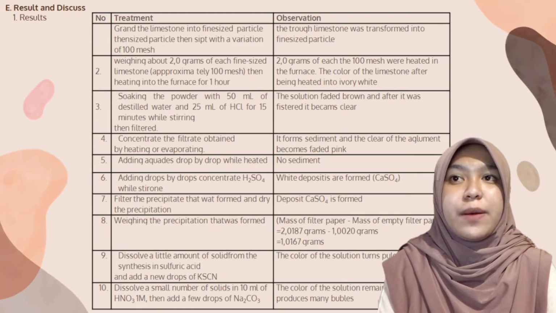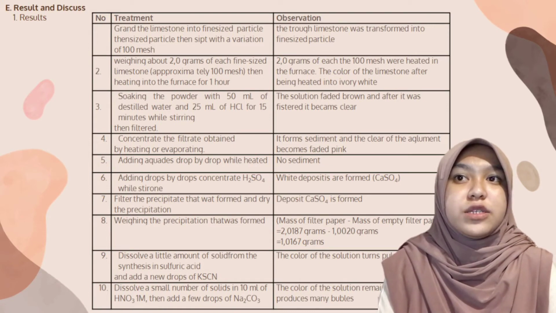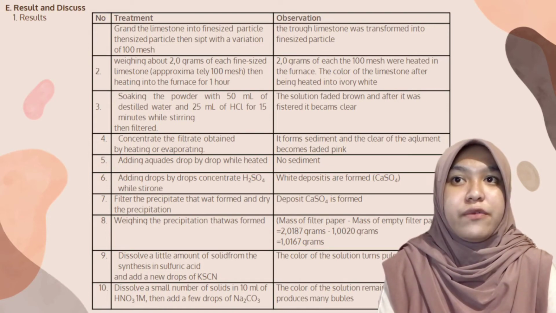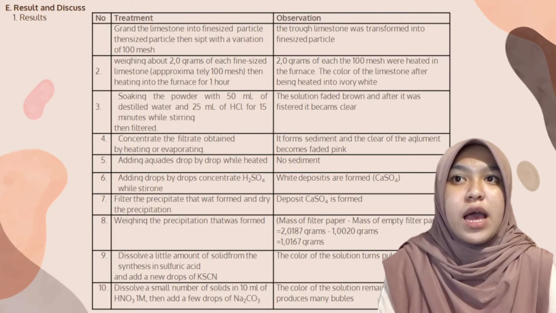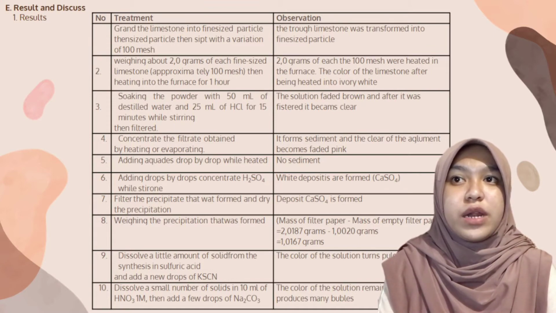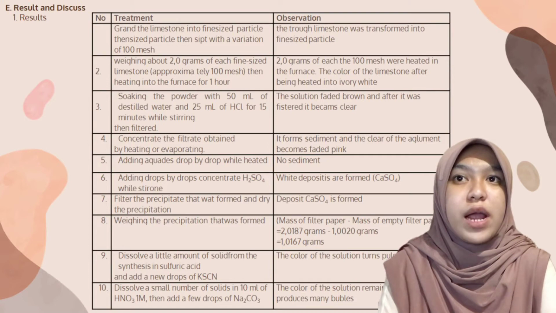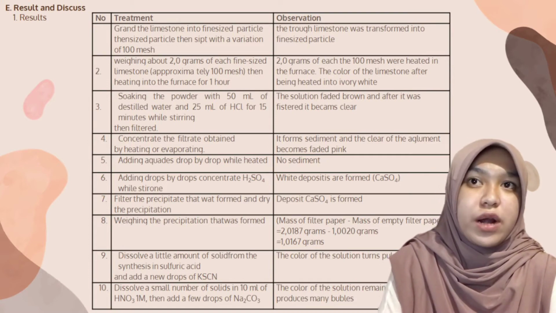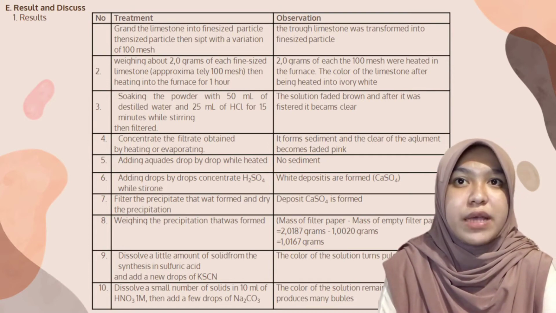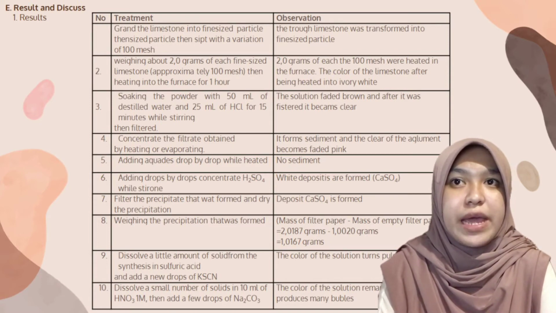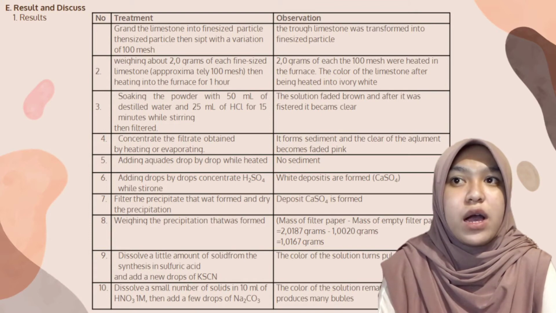Treatment 2: weigh about 2 grams of each fine-sized limestone, then heat in the furnace for 1 hour. Observation: 2 grams of each 100 mesh sample were heated in the furnace. The color of the limestone after being heated turned white.